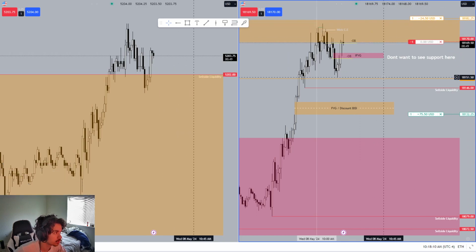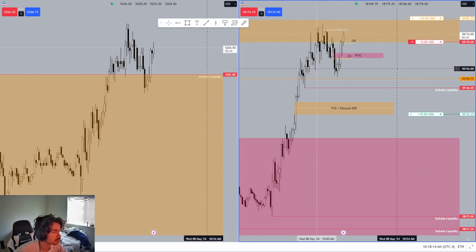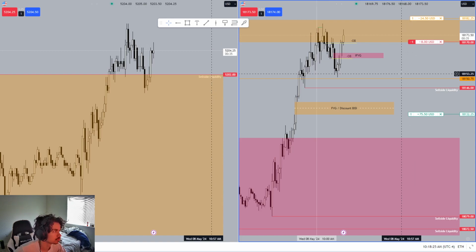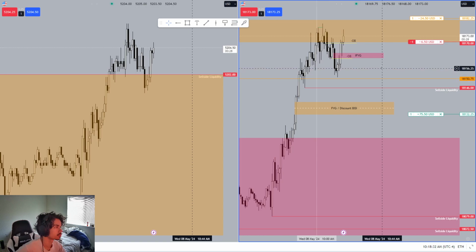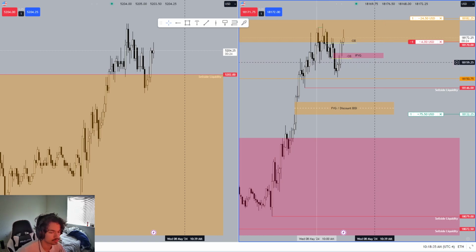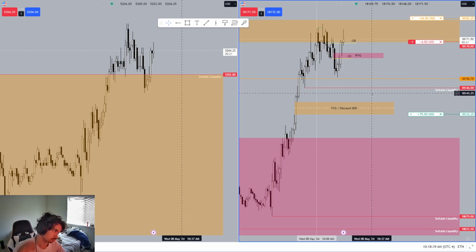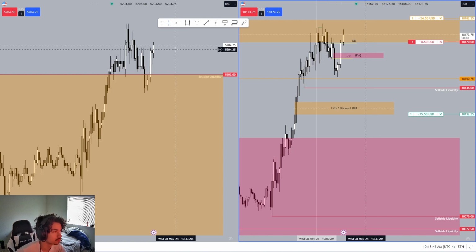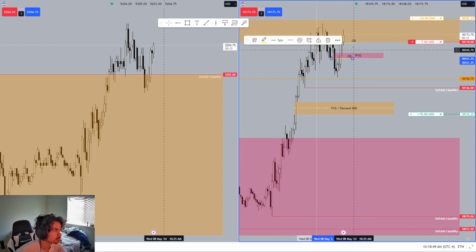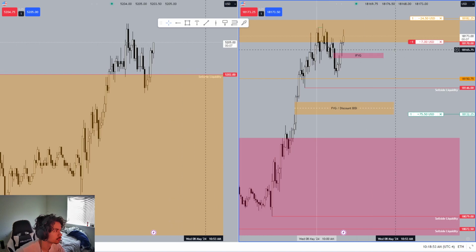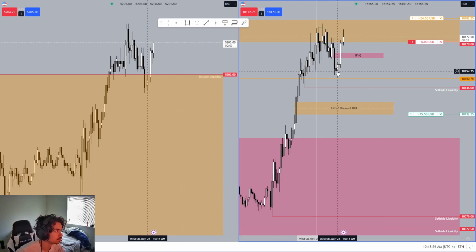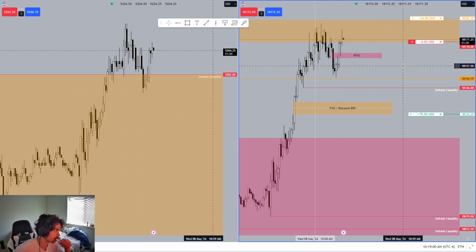So we make a new high and go to our stop loss. This is a daily fair value gap right here. That orange line at 150.